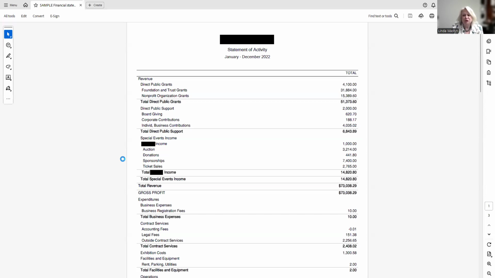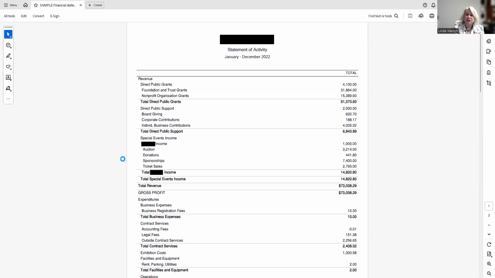So this one on the screen right now is a statement of activity or a profit and loss statement. This shows you, categorized, how much money your organization has spent and how much it's brought in for a given period of time. Often these get run every month.